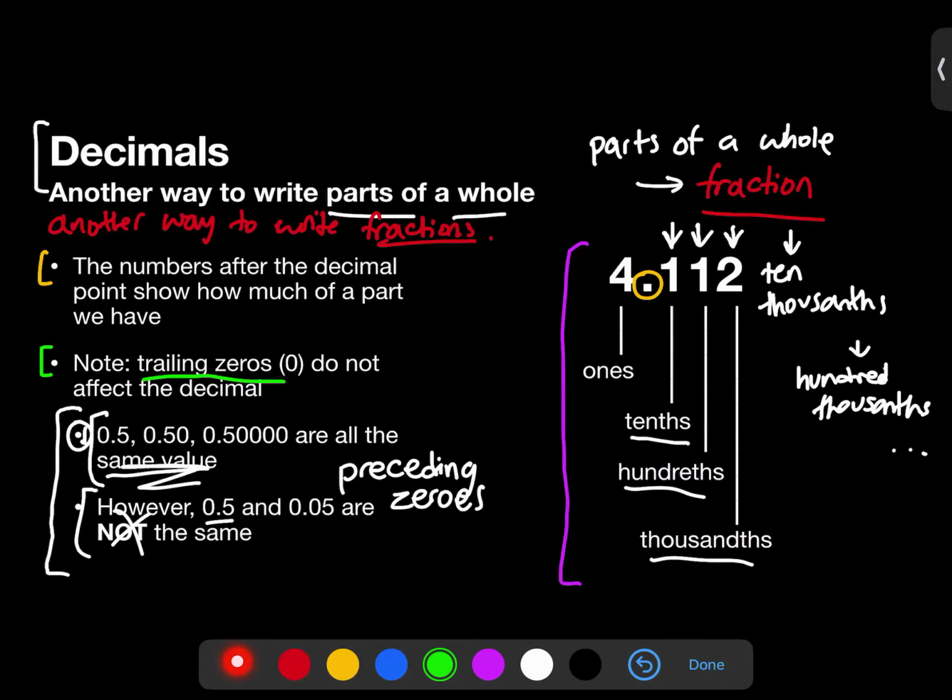Can anyone tell me if you all understand this concept?